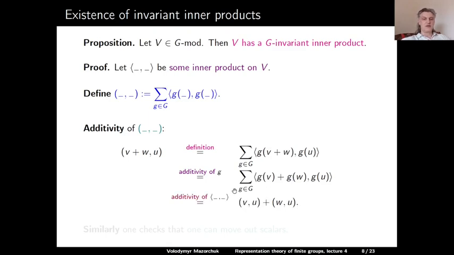And now using the additivity of the old inner product, we can split this into two summands. The first summand gives us by definition the new inner product between v and u, and the second summand gives us by definition the new inner product between w and u. And this proves the additivity of the new inner product with respect to the left variable. And similarly, one checks that the new inner product is linear in the sense that you can move out scalars from the left variable.